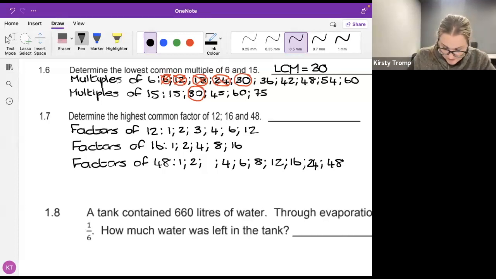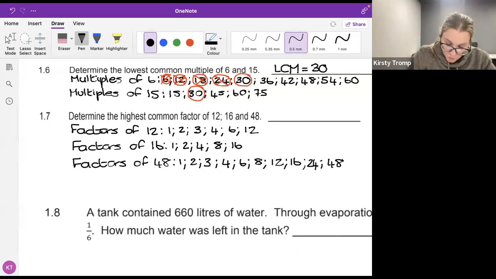I think, ma'am, it's 28. Does 28 go into 48? Let's think about it. What's missing between 2 and 4? I'm missing the 3, hey? Okay, thank you, Unati, for helping me out there.